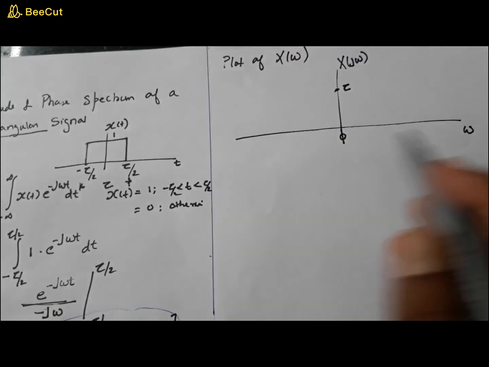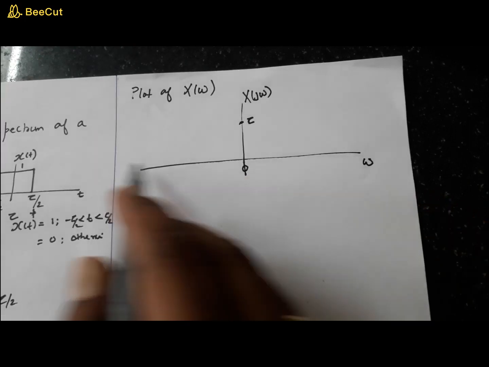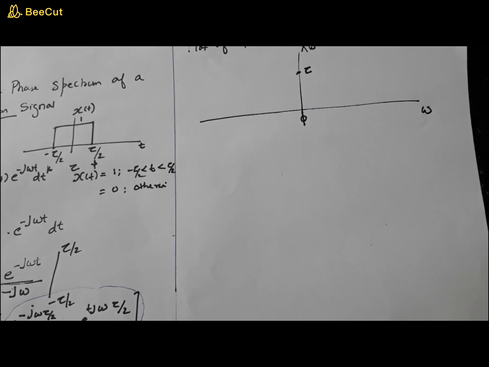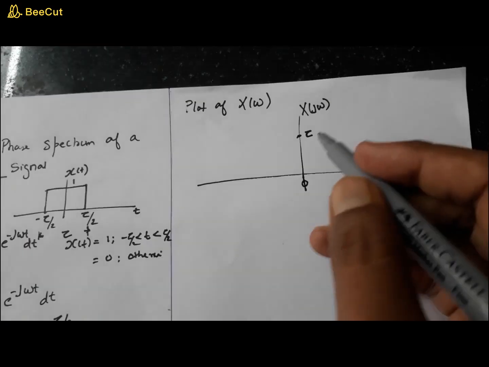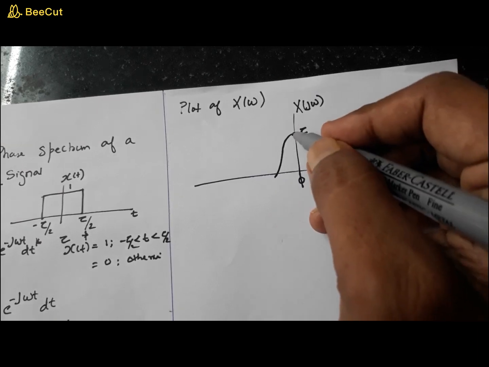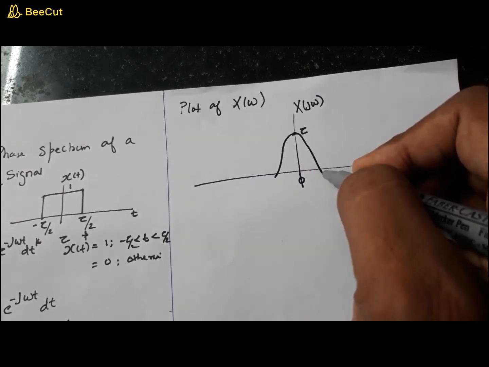Now on either side, omega increases, omega in the positive half and omega in the negative half, and that will be determined by this sine function. So it will have a sinusoidal way of variation, and you can draw it this way.